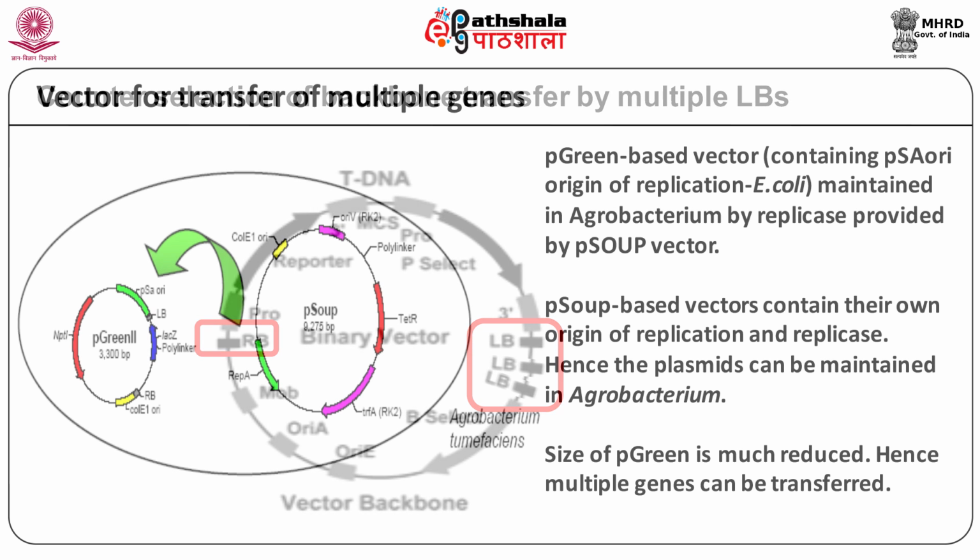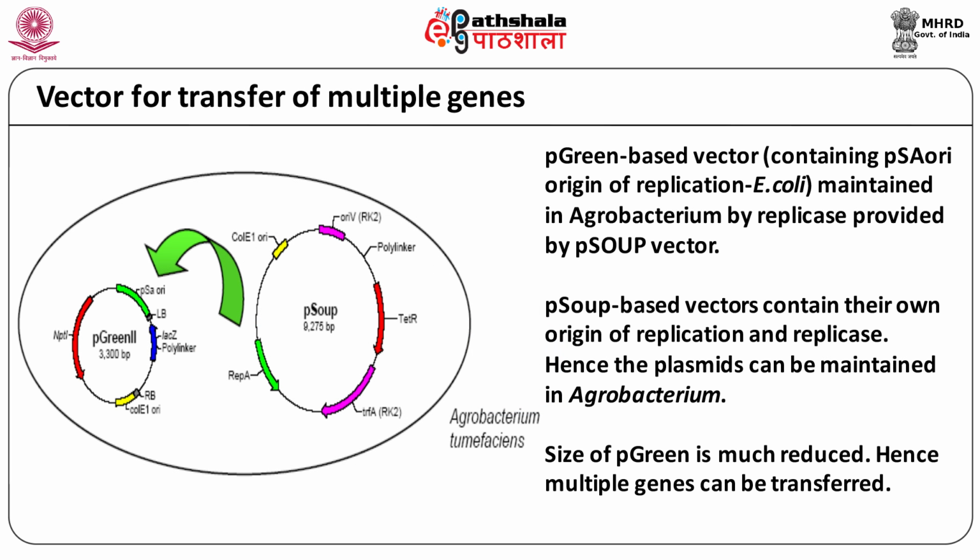plant. In order to use tDNA to simultaneously transfer multiple genes to plants, the size of the binary vector had to be further reduced. This was done in the pGreen based vectors, which had a smaller sized origin of replication, pSa, and also several conjugal function genes were removed.